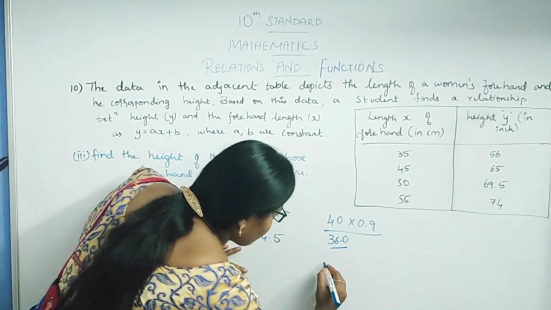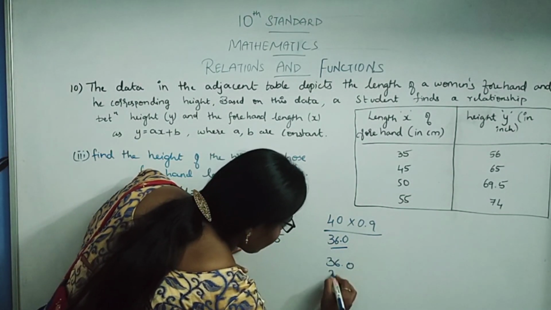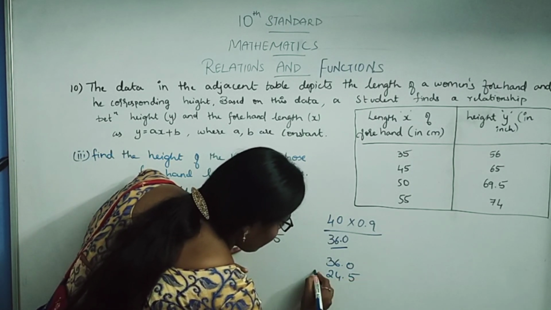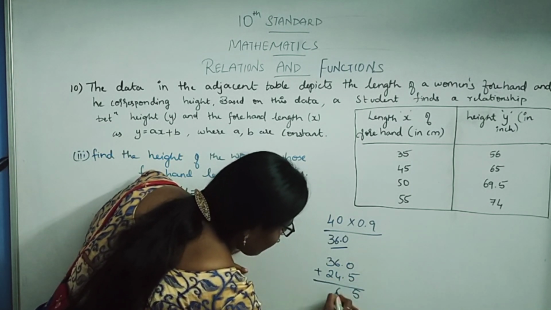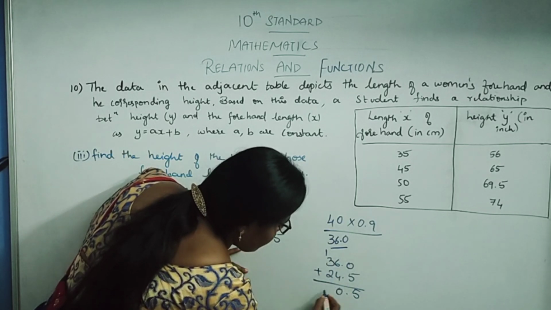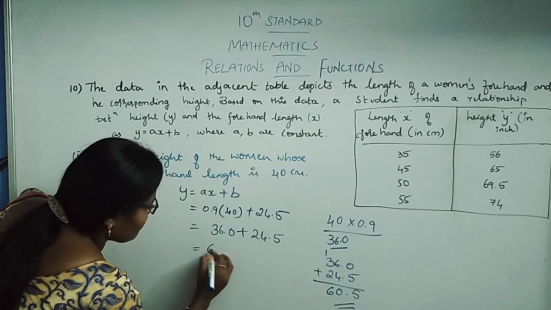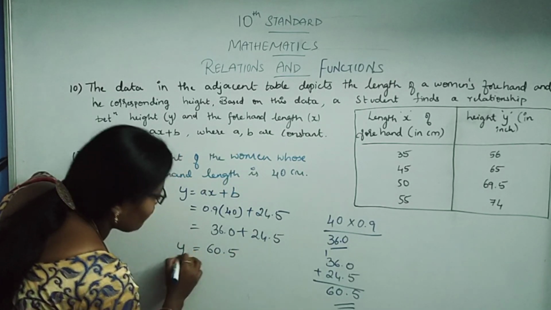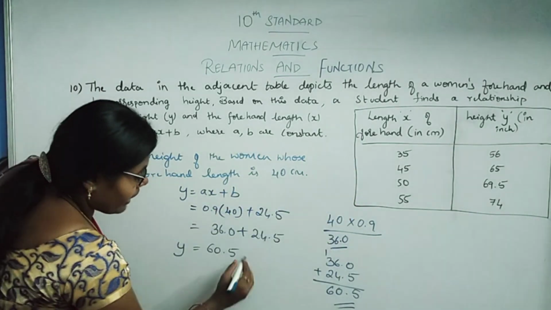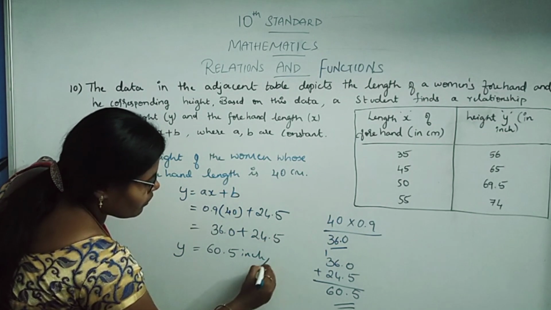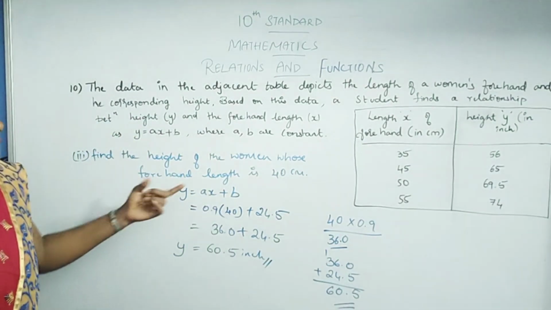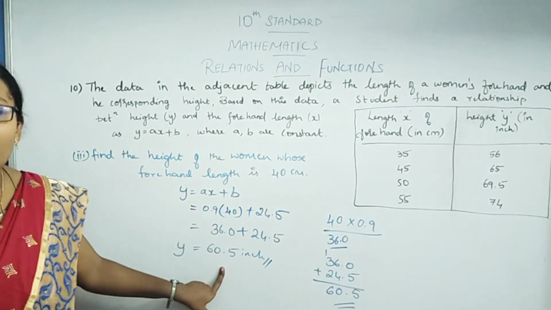Just add: 36.0 and 24.5. That is 5, 10, then 6. So your answer is 60.5 inches. Y is in inches. So that woman's height is 60.5 inches.